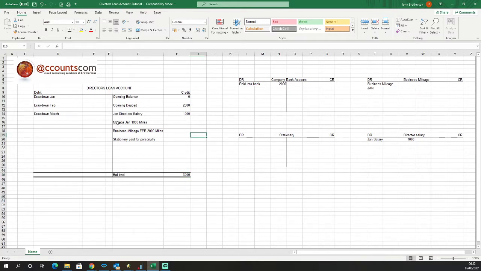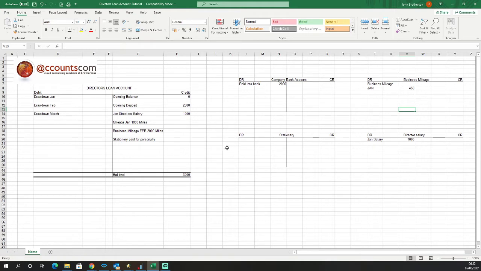Okay. In January, they may have also done 1,000 miles, and they're operating at the current approved rate for mileage allowance of 45p a mile. So we've got £450 that's going through business mileage on the P&L. And again, the director hasn't taken the money out. He's going to leave it in the company.